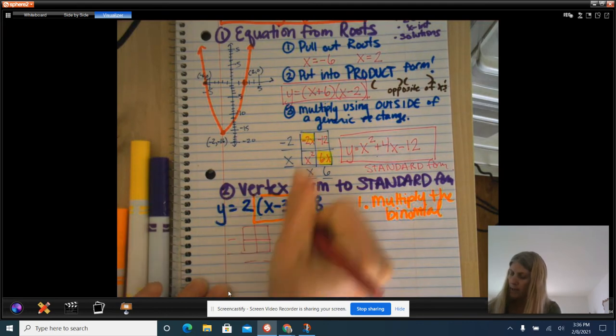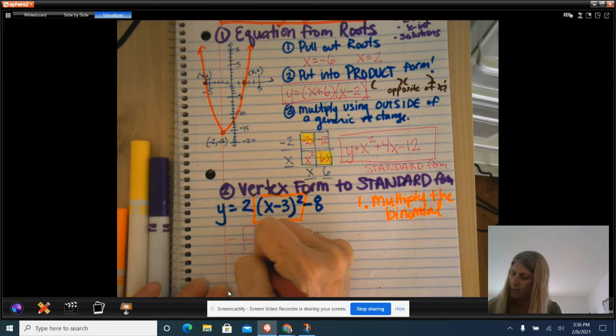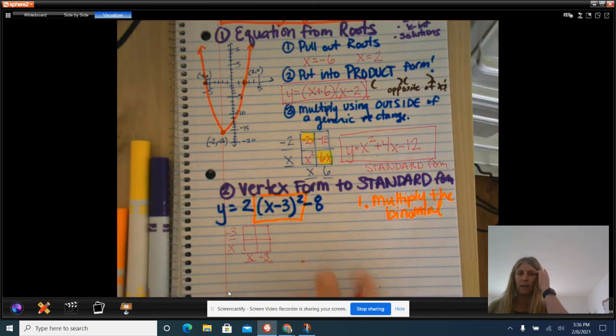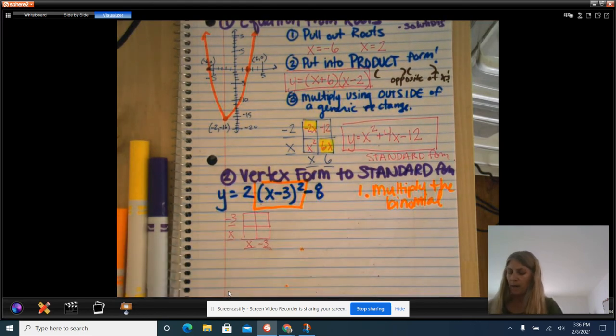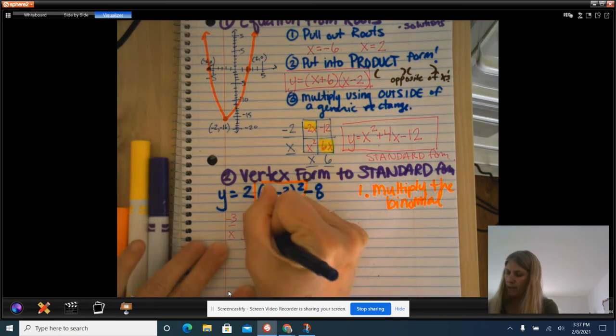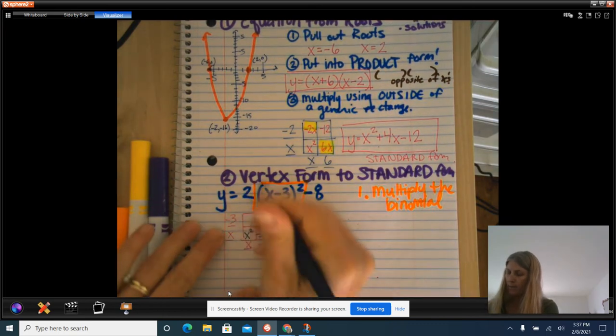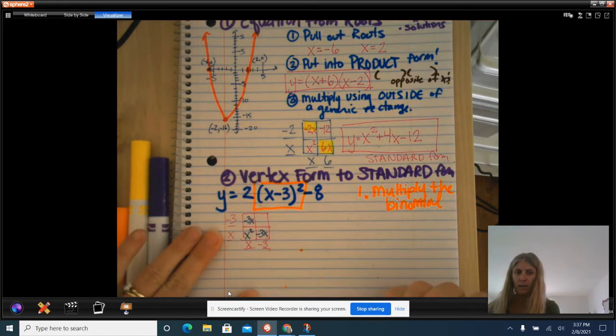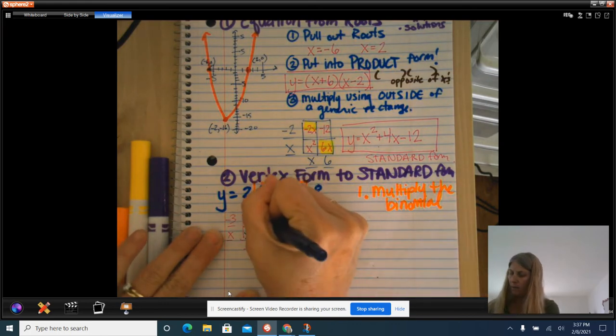And we're going to multiply just the binomial, x minus 3 times x minus 3. Because remember, when you have something squared, it's the number times itself. So x times x is x squared. x times negative 3 is negative 3x. x times negative 3 is negative 3x. And negative 3 times negative 3 is positive 9.